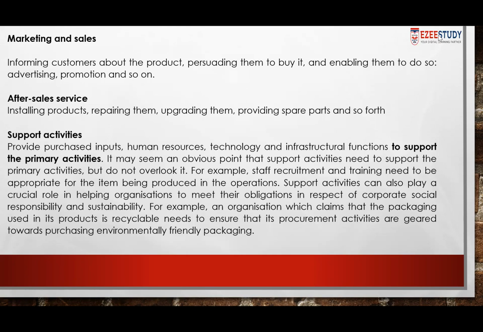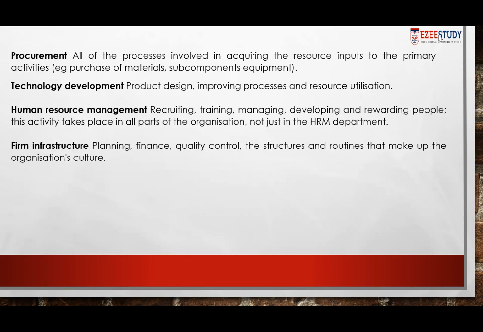Then comes the support activities. The support activities are basically to support all these primary activities. Procurement, that is the purchasing of the raw material. Now you might be wondering what's the difference between procurement and inbound logistics. Purchasing is the process of purchasing only, that is dealing with the suppliers.